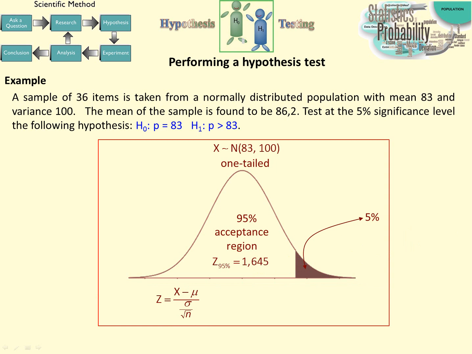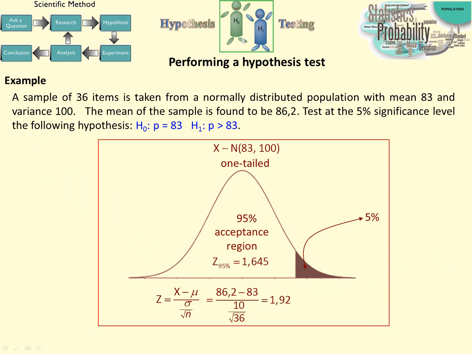Right, same formula. We're going to substitute in the mean of the sample minus the mean of the population over the standard deviation. Well, actually, 100 is the variance, so we need to square root it to get the standard deviation, over the square root of the number of items in the sample.